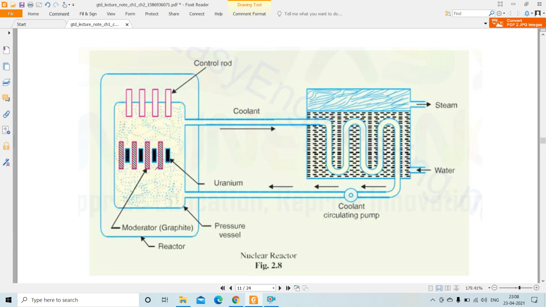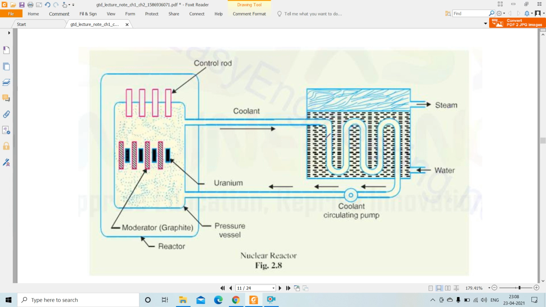So after production of heat energy, the sodium metal, which is the coolant here, is now converted into hot metal. This hot metal is transferred to this heat exchanger, and here the heat energy absorbed by the sodium metal is transferred to the heat exchanger. Here this is the water level section, here this is the water inlet pipe, and this is the steam section, this is the steam outlet pipe.